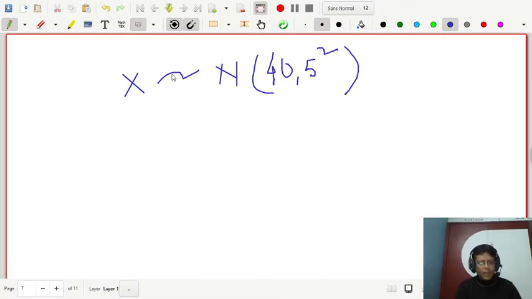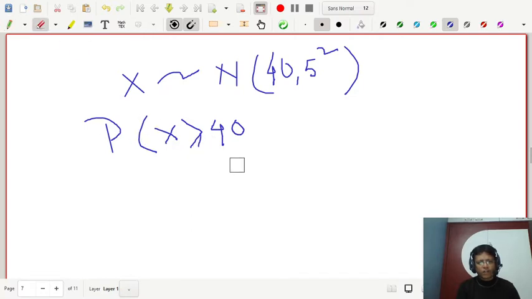That means x is a random variable corresponding to the weight of a student, and x follows a normal distribution with mean 40 and standard deviation 5. So you have to find probability of x greater than 40 first. Not greater or equal to, you have to find x greater than 40, right? Greater than 40. So how will you calculate that?